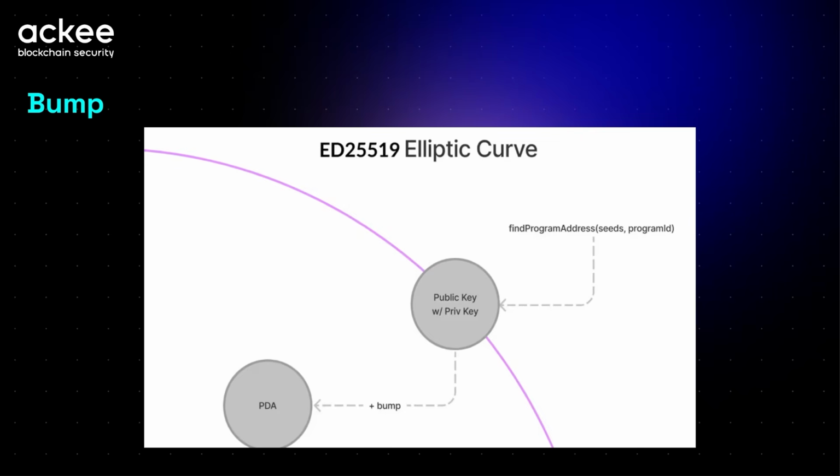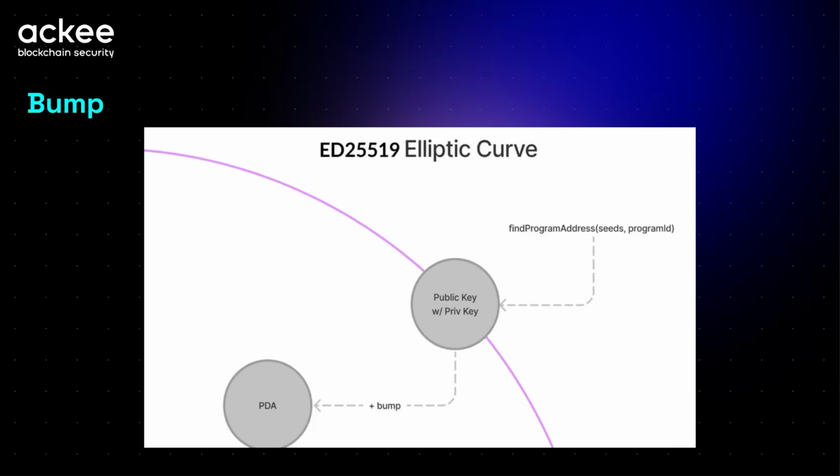And you do this in a loop until you find the first address that is away from the curve. Really simple, just an addition to the seeds to find an address that is not on the curve. Why? Again, it is because everything on the curve has its corresponding private key, and PDAs do not have corresponding private keys. So you want to create something that is away from the curve, so it does not have the private key. That's the basic idea.